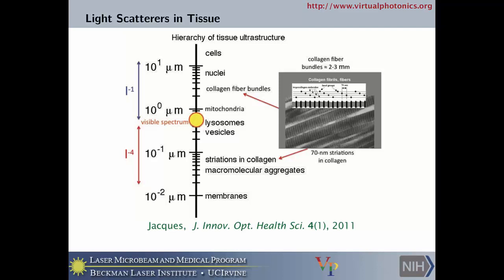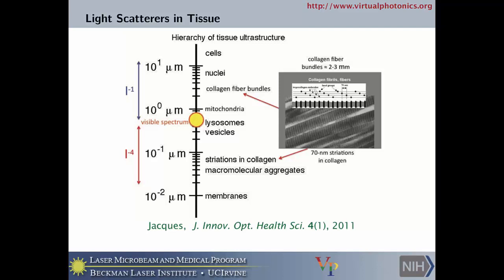And depending on how they aggregate and get put together, they have different levels of translucency. You have collagen fiber bundles, which have various scattering, and the characteristic spatial scales can be on the order of several microns. Okay, and then you've got a whole bunch of different structures, some of which are shown here.